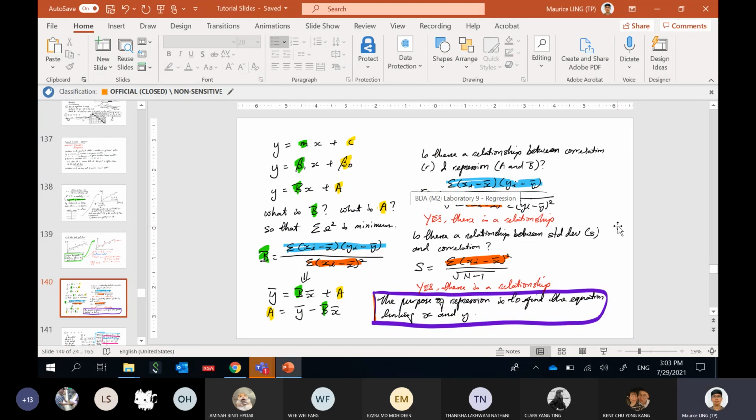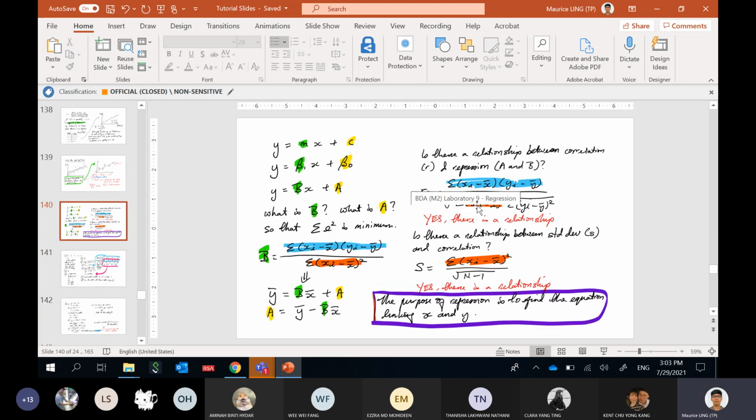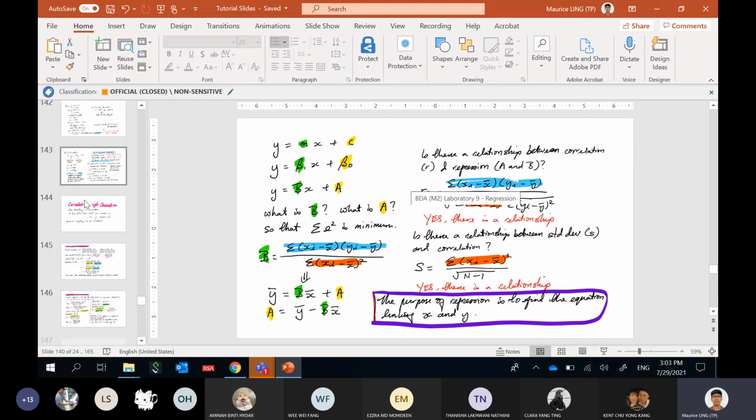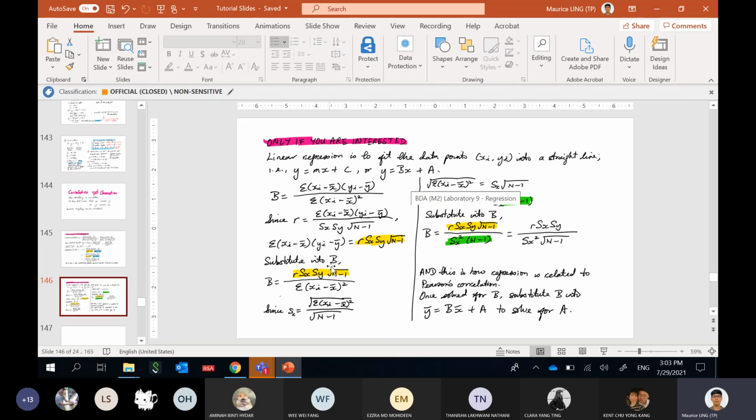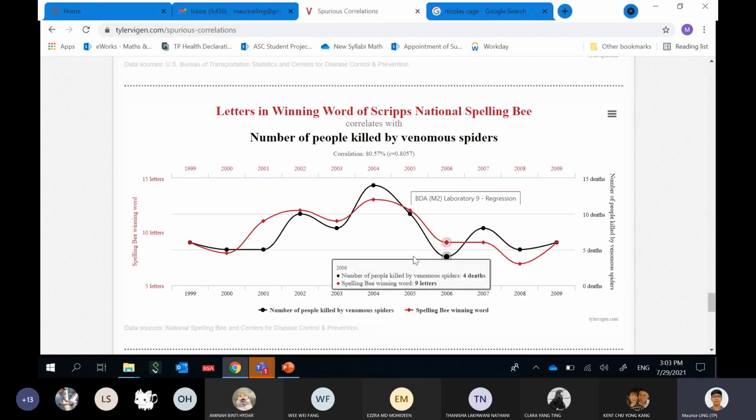Okay, there's actually a relationship between your correlation and regression. If you want to find out, I actually have the maths behind it. So I will put it in the slide so you can go and read it for yourself. That's not necessary, but if you want to find out, that's what it is.